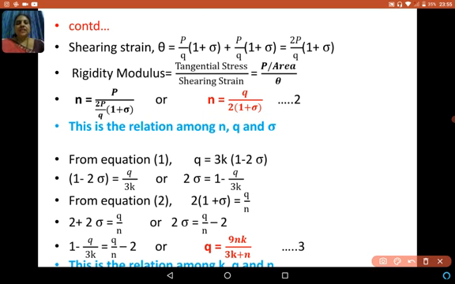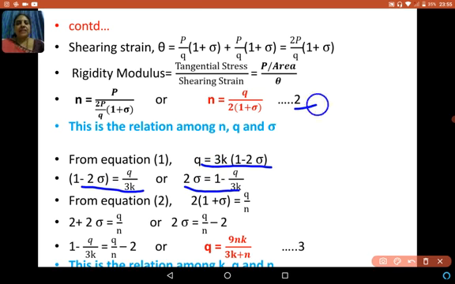Then from equation 1 we have Q is equal to 3K into 1 minus 2 sigma, and 1 minus 2 sigma is equal to Q by 3K, and so 2 sigma is equal to 1 minus Q by 3K.